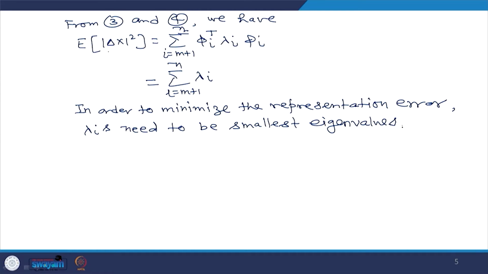Means what I need to do? I am having n eigenvalues. Out of n, I have to choose n minus m minus 1 eigenvalues, and the sum of those should be the minimum. I will choose the smallest ones and ignore them.